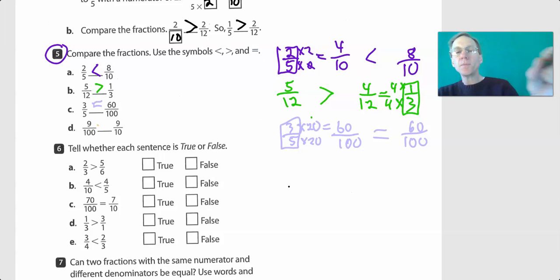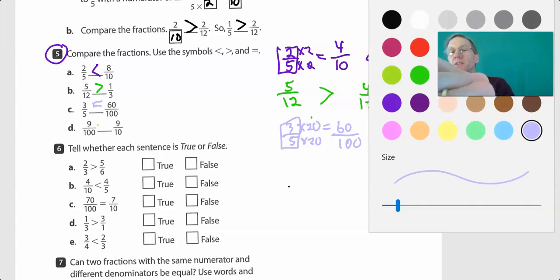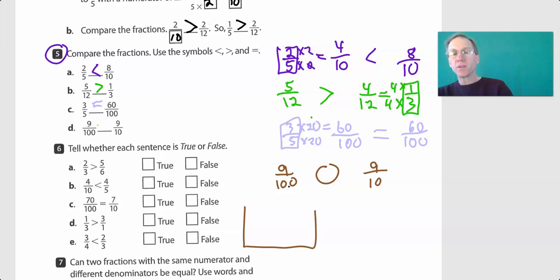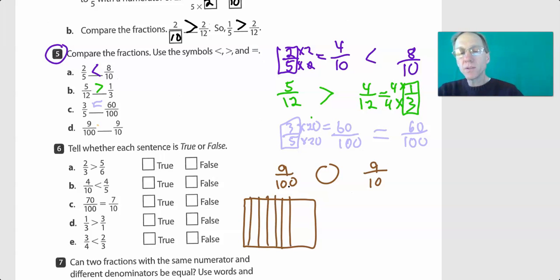Ta-da! Okay, my last one in this section is 9 hundredths and 9 tenths. So I can compare these. I've got 9 slices. Now imagine a pizza with 100 slices. It's going to be hard to make here. Then I've got to go across this way.